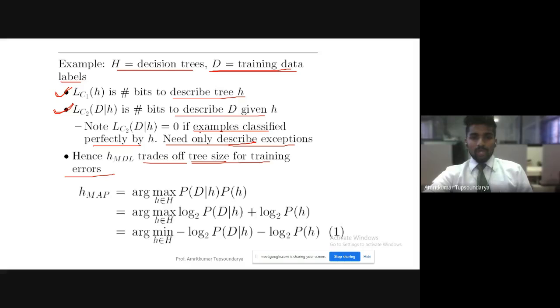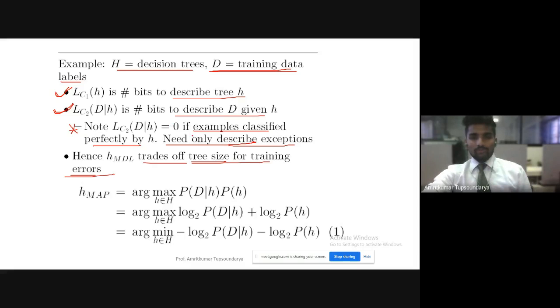So let me describe this particular point again, so that the next point is clear. That is, how do we trade off tree size for the training error? In other words, when we have a perfect classification, which is of no error, the length of the described tree is 0.